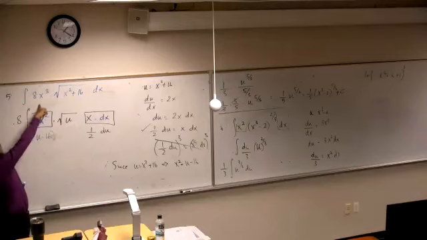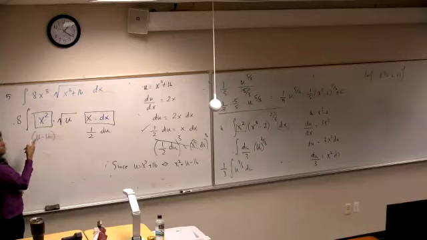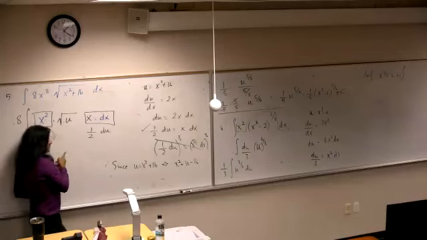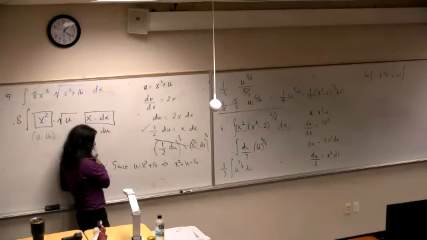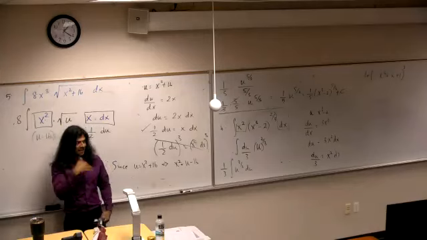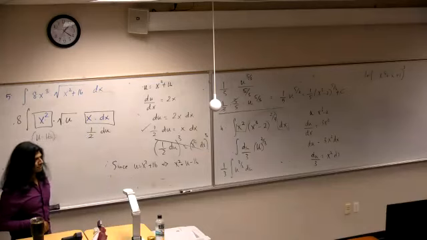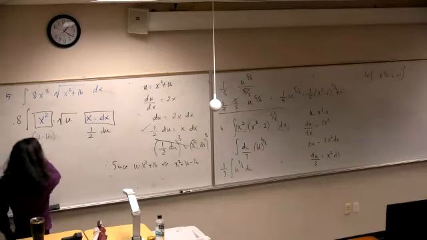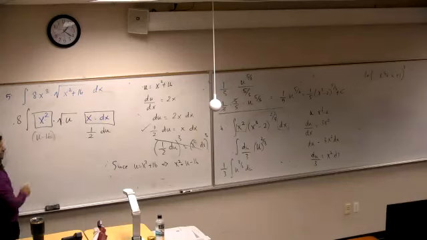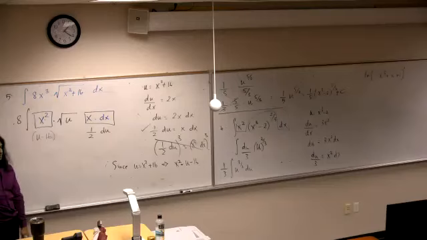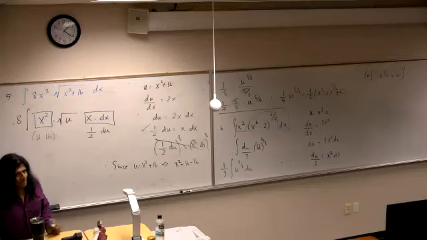So what was in terms of x now became the integral of u minus 16 times root u times 1/2 du. Did I say x? No, there is no x here. Did I successfully convert the integral that was in terms of x to an integral in terms of u? Yes or no? Yes.